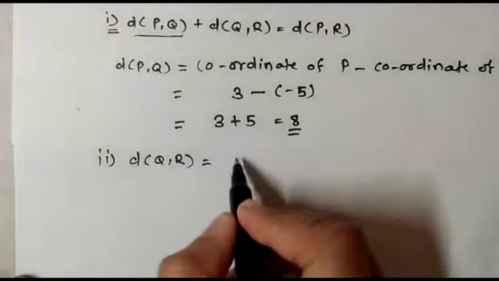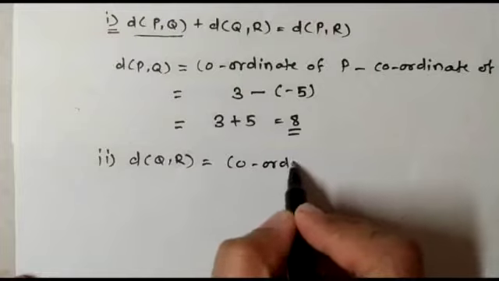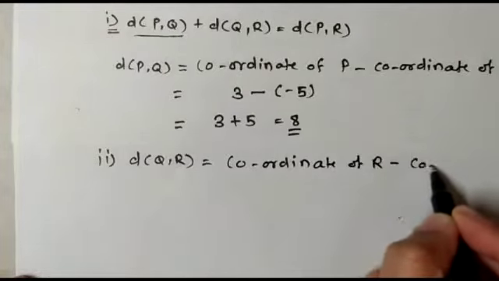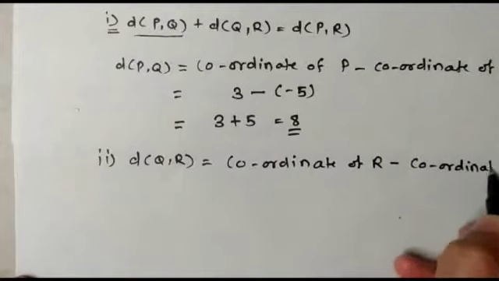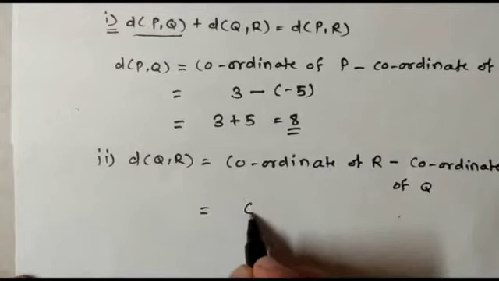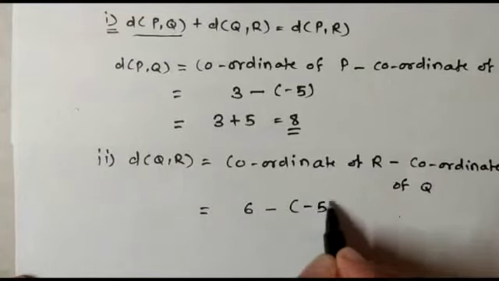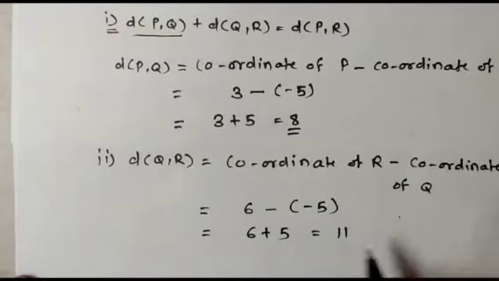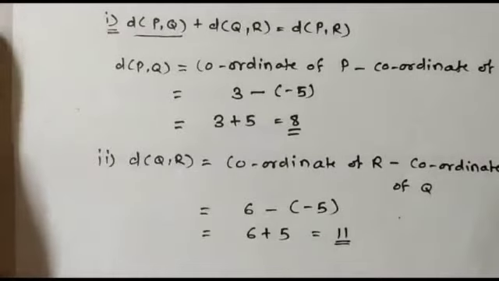So distance QR will become coordinate of R minus coordinate of Q, which is equal to 6 minus negative 5. That is 6 plus 5, which is 11 units.